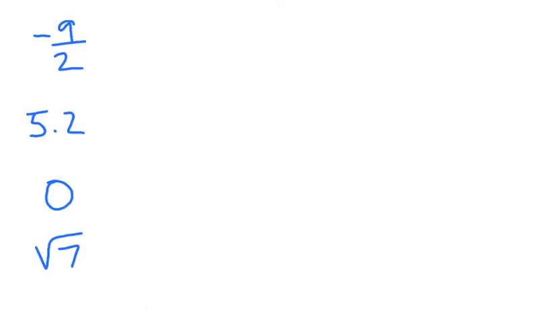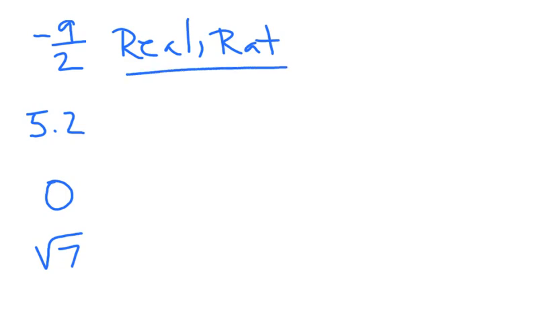Okay, let's look at these numbers. Let's start with negative 9 over 2. Is it real? Yes, it's definitely real. Is it rational? Yes, fractions are rational. Is it a whole number or an integer? No. So that's the only answer for that. 5.2.